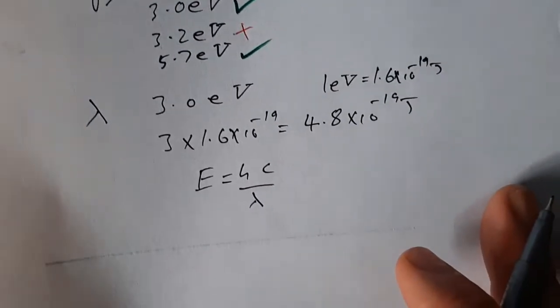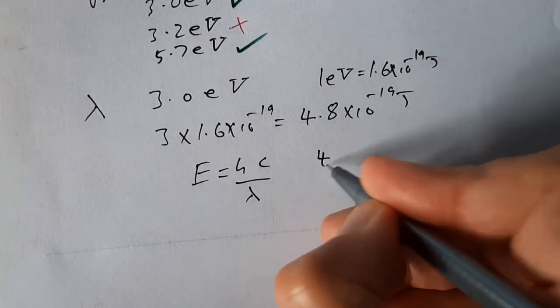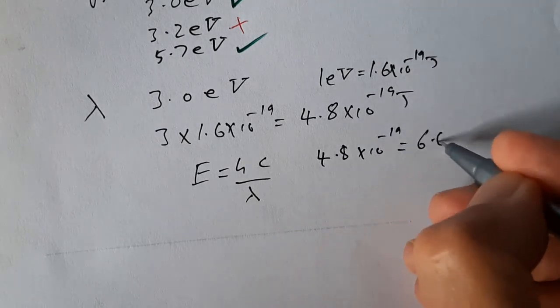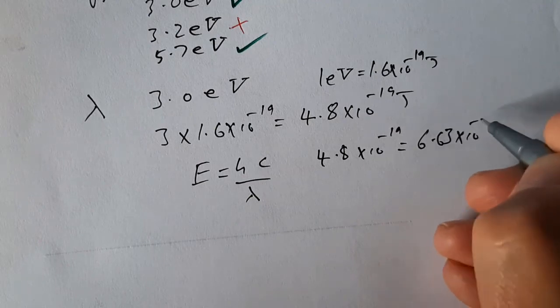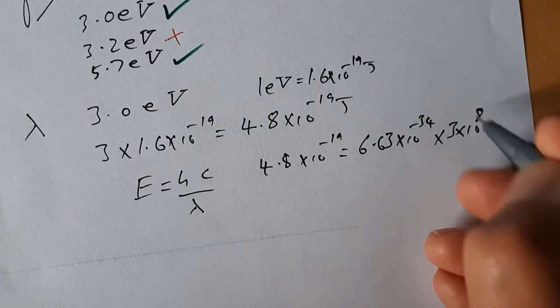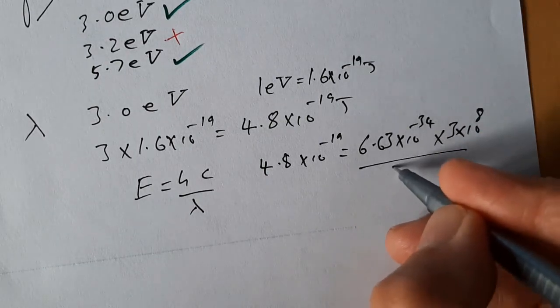So we'll do the minimum rearranging method this time. 4.8 times 10 to the minus 19 equals 6.63, that's h off the data sheet, times 3 times 10 to the 8 divided by lambda.